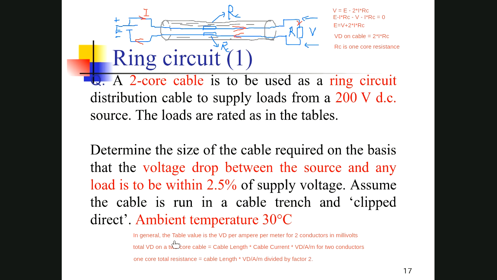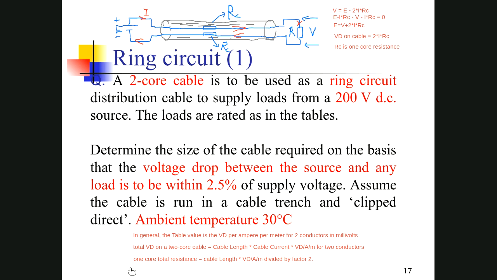The table value is the voltage drop per ampere per meter for two conductors in millivolts. So the total voltage drop on a two-core cable is equal to the cable length times the cable current times the table values, which is for two conductors. Times the table values, no factor, already two conductors.